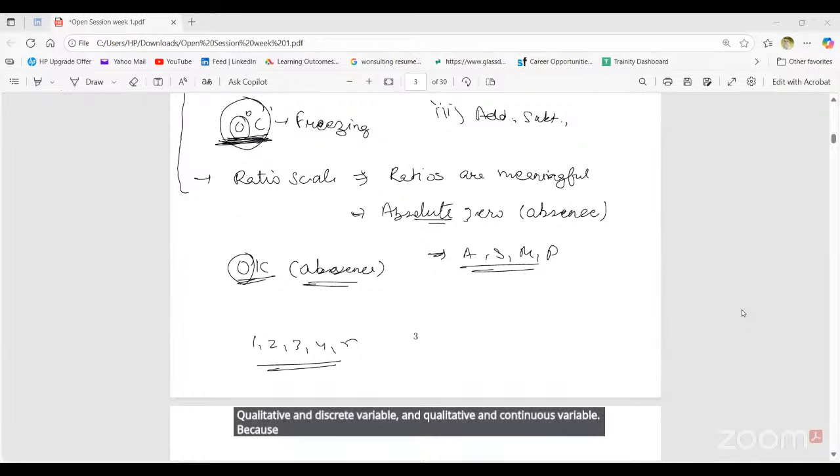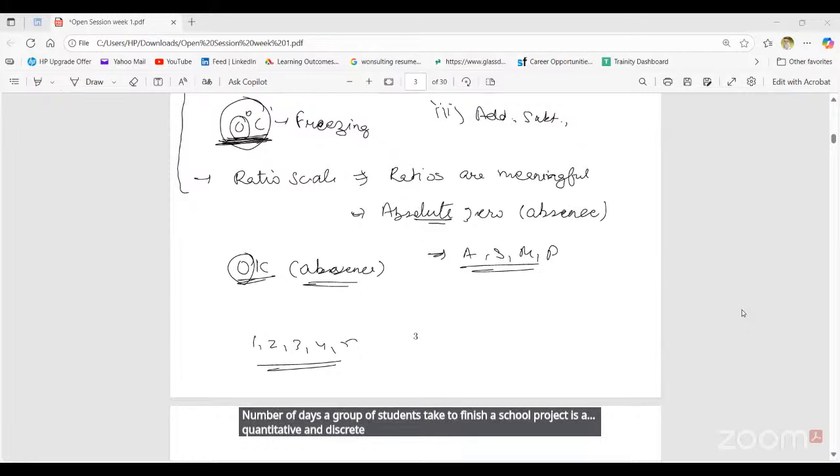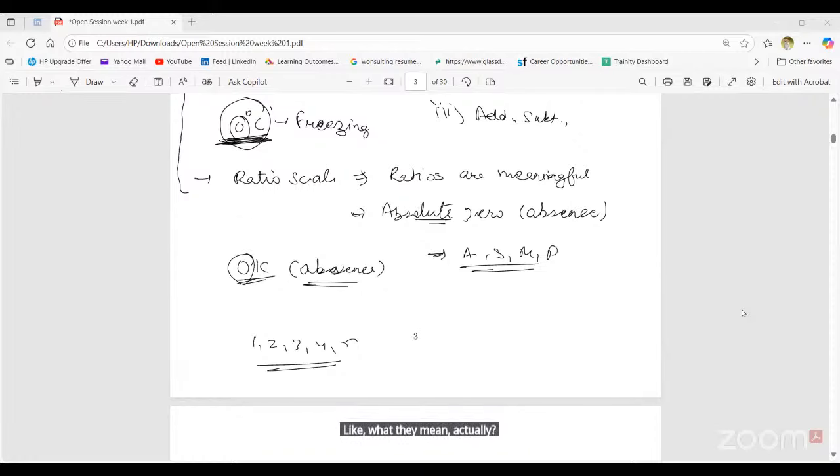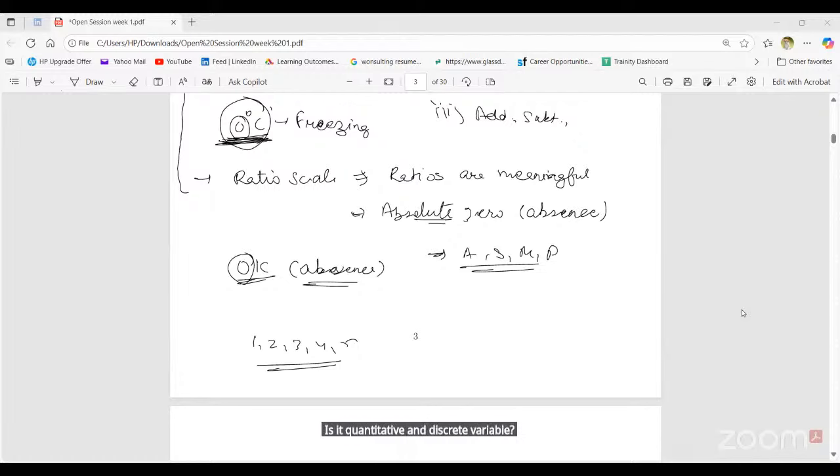There is a question in I think the non-graded assignment: number of days a group of students take to finish a school project is a quantitative and discrete variable or a quantitative and continuous variable. Like what they mean actually.